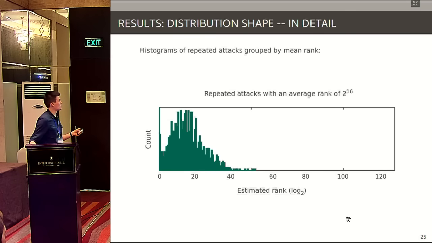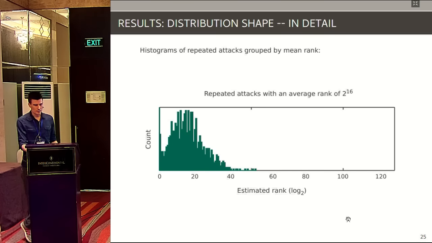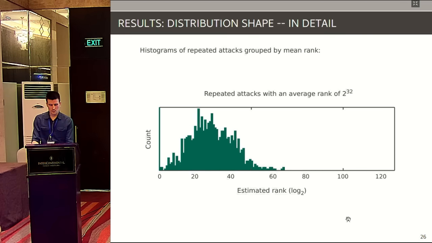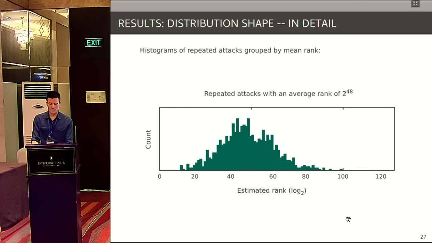You have a little bit of censorship going on the left-hand side, because obviously you can't do better than rank 0 or rank 1, depending on how you define it. But you can see there is still a fair bit of variance going on. On average, 2 to 16 is really easy. A lot of the time I win perfectly, but sometimes I have to do more than 2 to the 40 work afterwards. And if you make these attacks slightly worse, you can see the distribution start to spread a bit more.